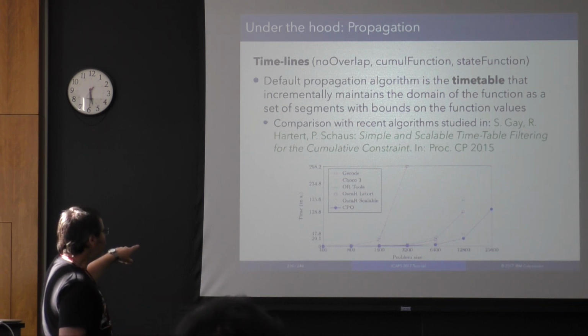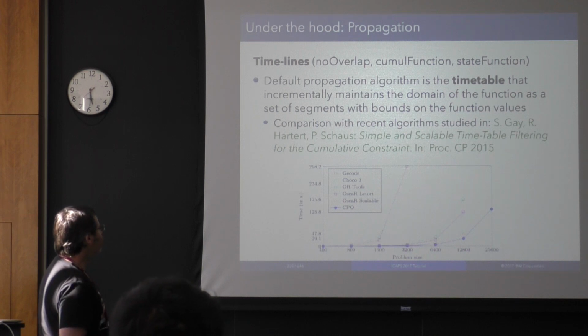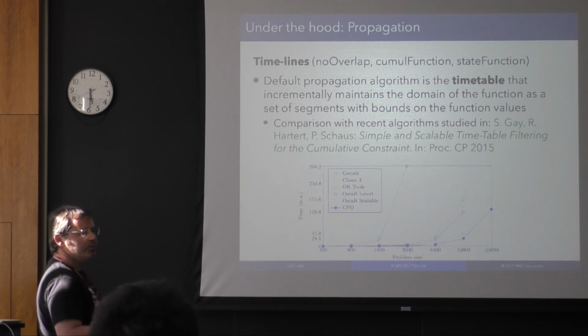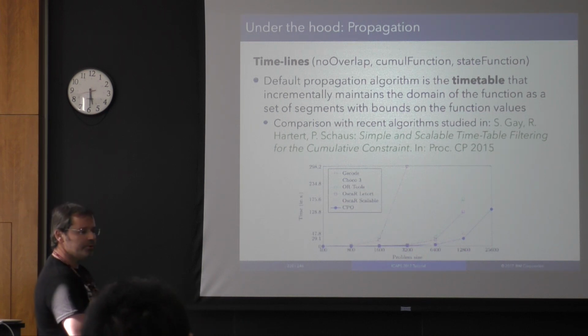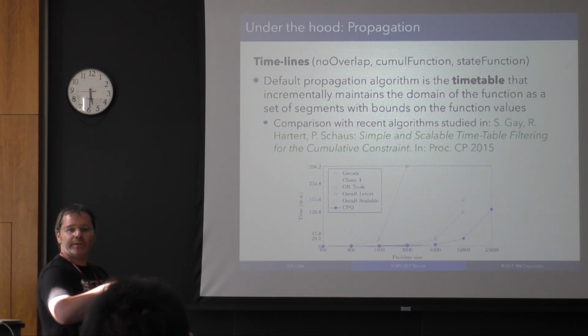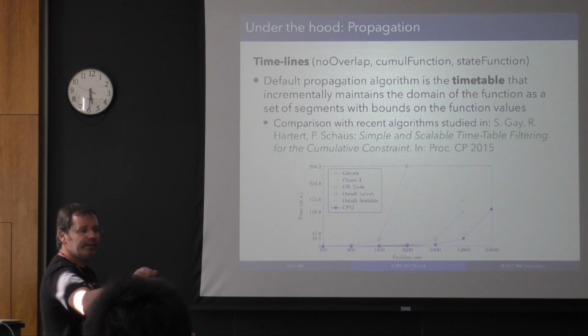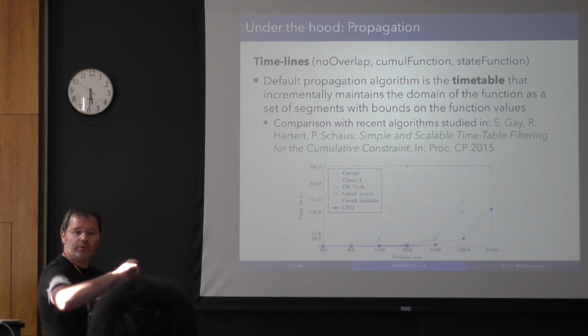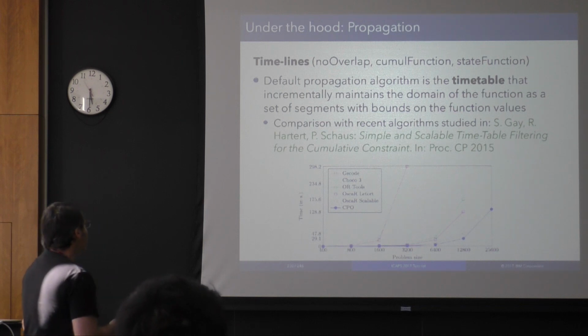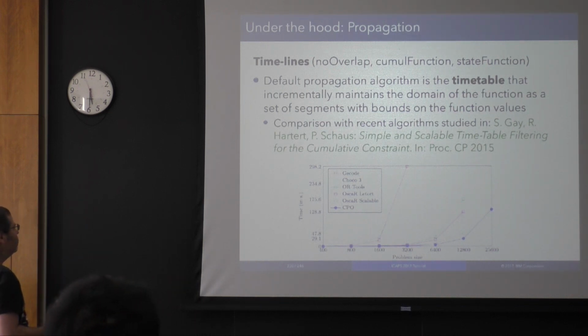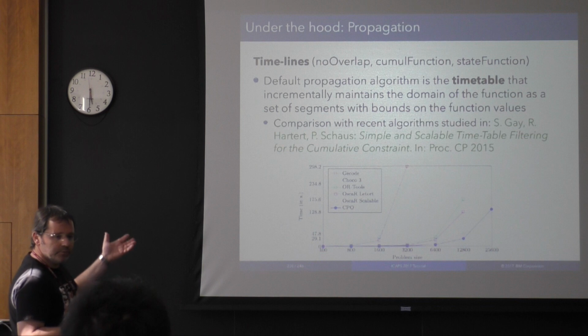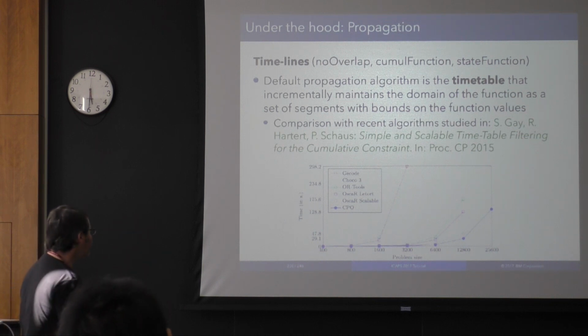For propagating timelines, so in general, no overlap, preamble function, state function, we are using a timetabling algorithm, which maintains a set of cells where you have minimal and maximal level on the resource. The default propagation we use for that is the timetable algorithm.